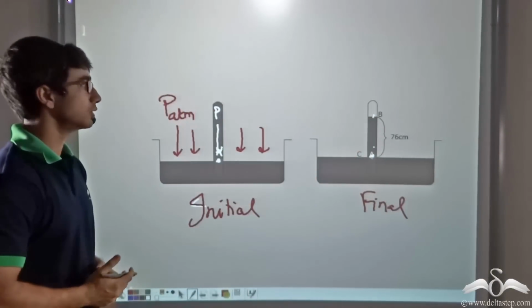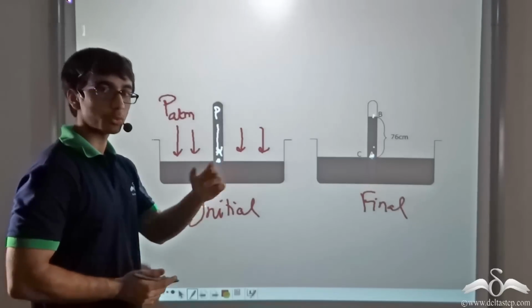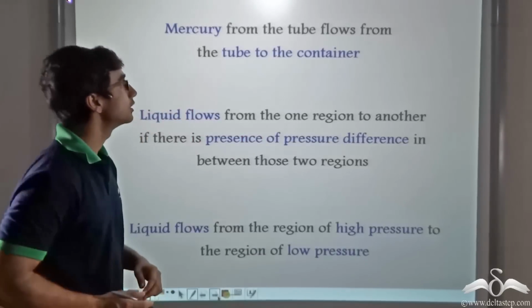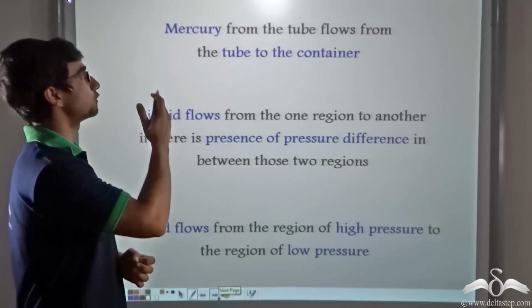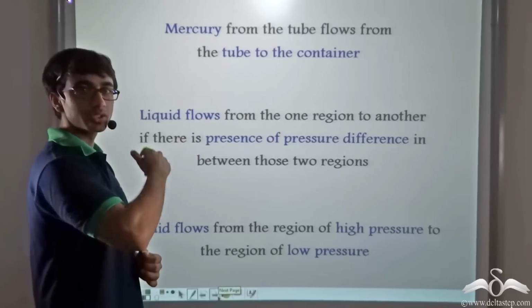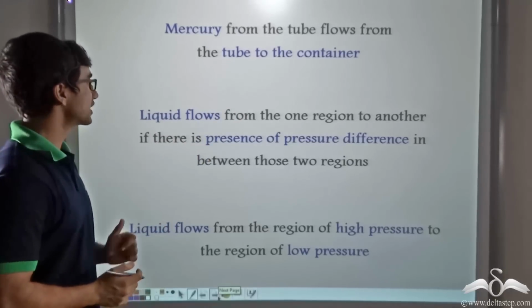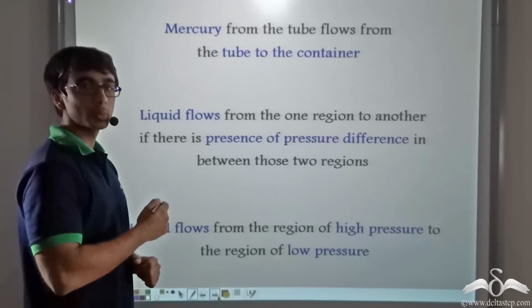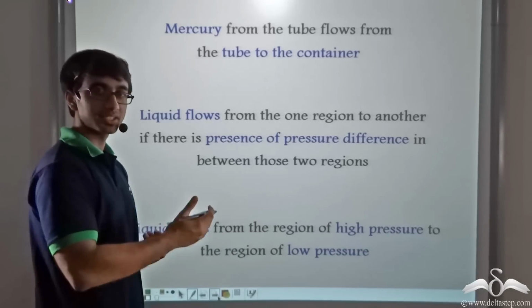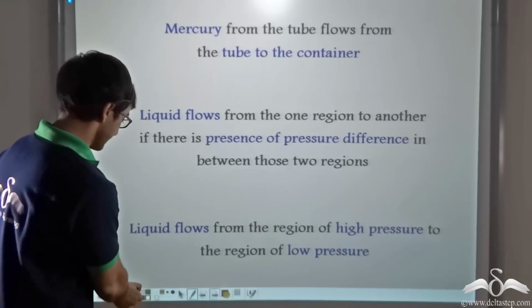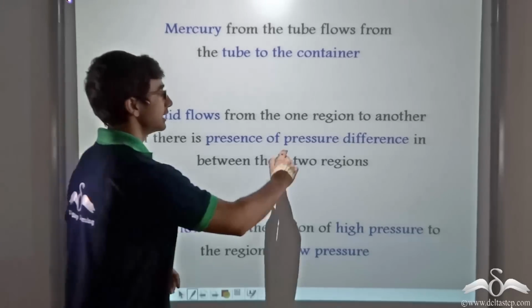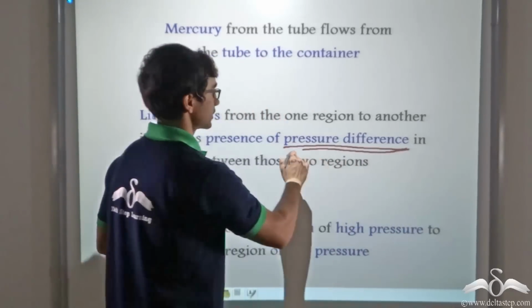So now let us find out why the liquid flow is stopping. Initially mercury flowed from the tube into the trough, and we have studied earlier that liquid flows from one region to another only when there is a pressure difference between those two regions.